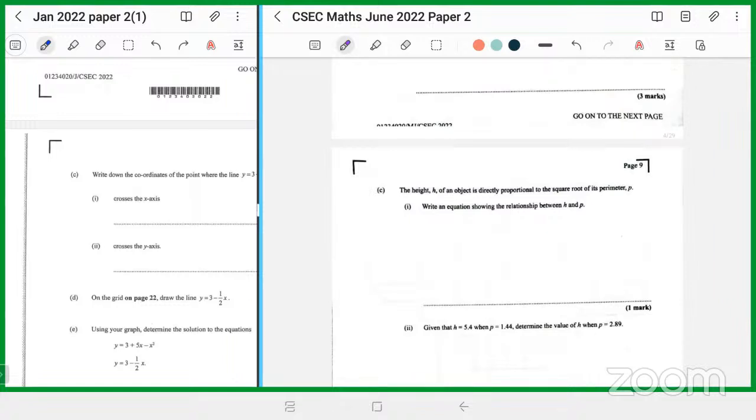Let's look at another graph one. Hold on a second. Let me answer this call. Hold on. Hello? Yes? Which link are you using to get to YouTube?